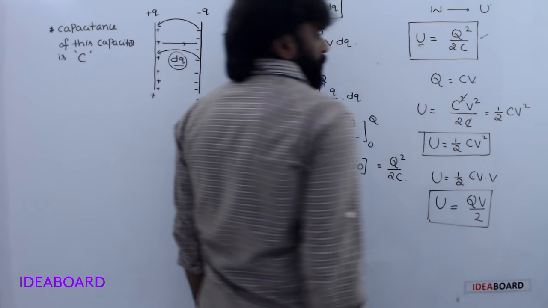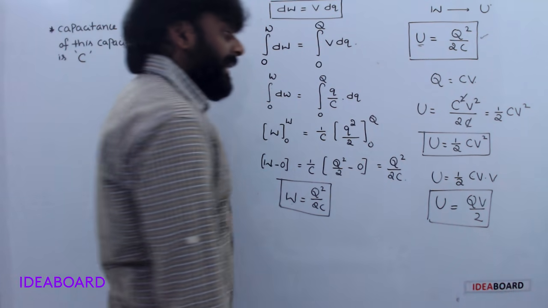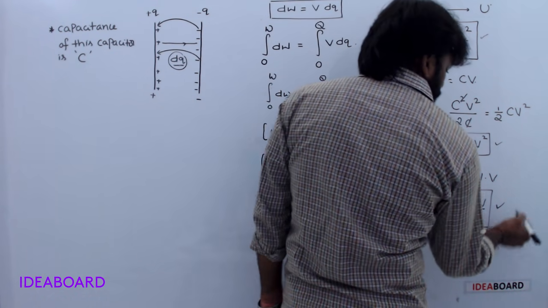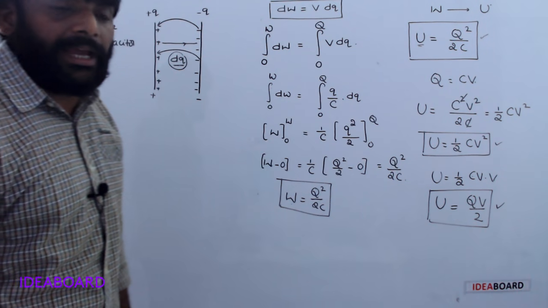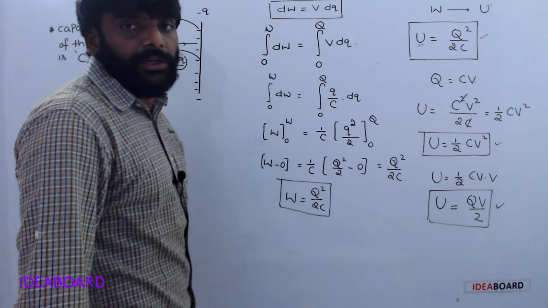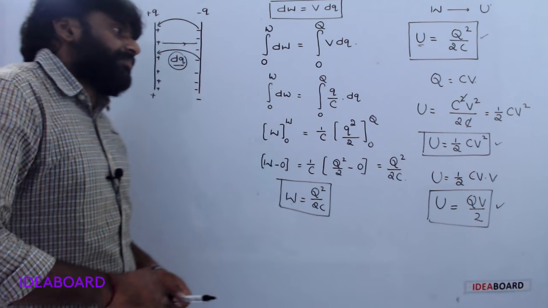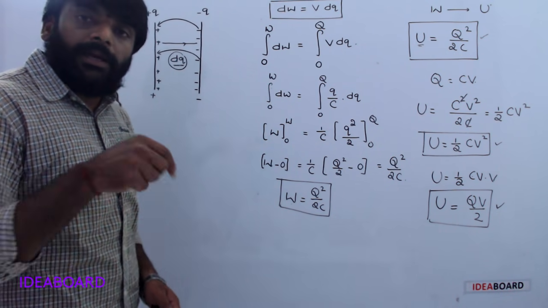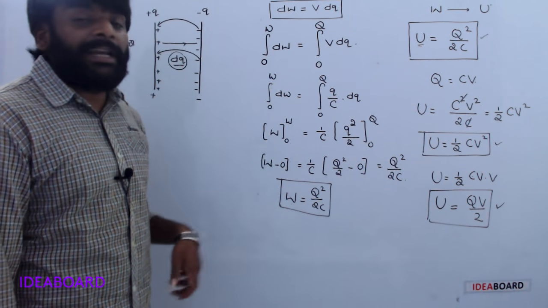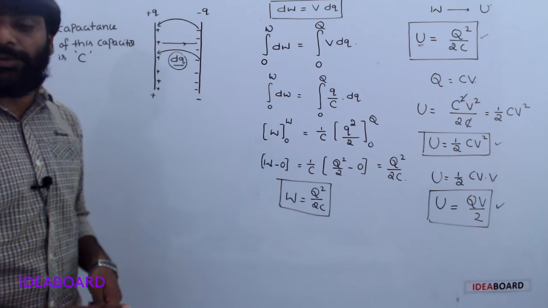One is q square by 2C. Another one is half CV square. Another one is QV by 2. These three are energy different formulations. It is also important in PU. At the same time, in objective manner also it is most important.